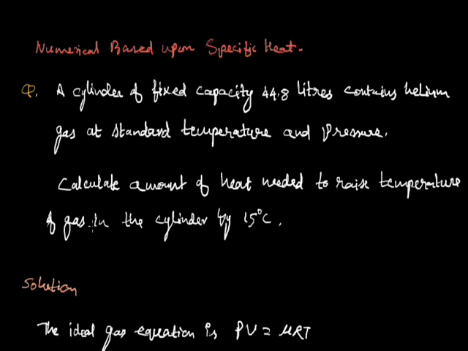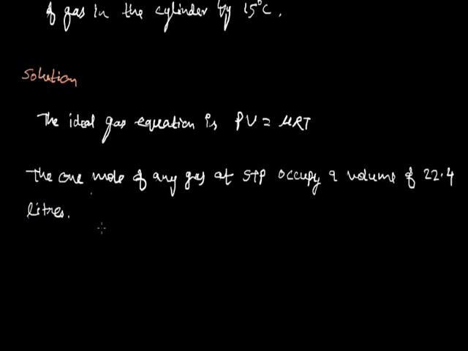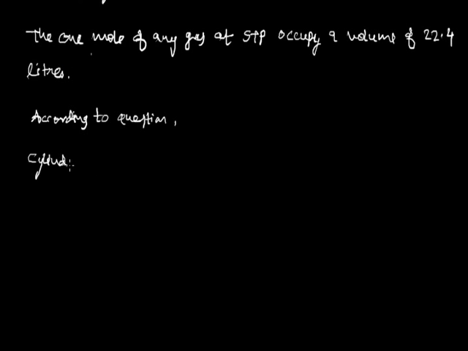In the given question, the cylinder contains 2 moles of helium gas because the volume given is 44.8 liters. Helium is a monatomic gas.